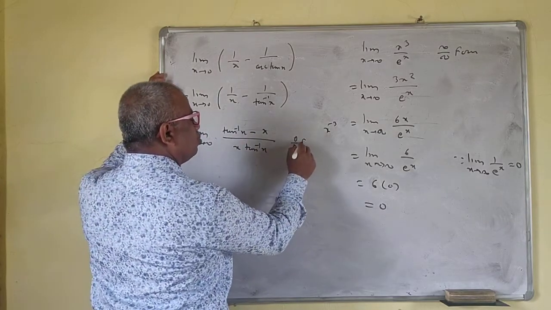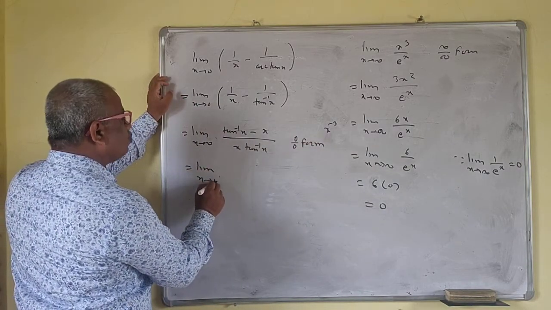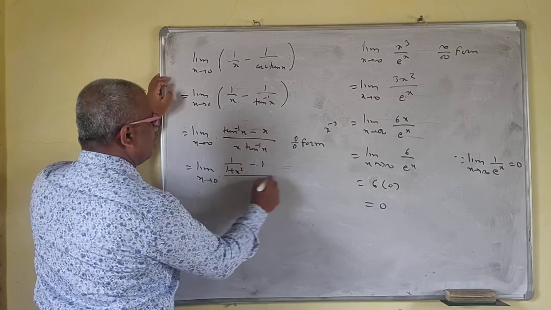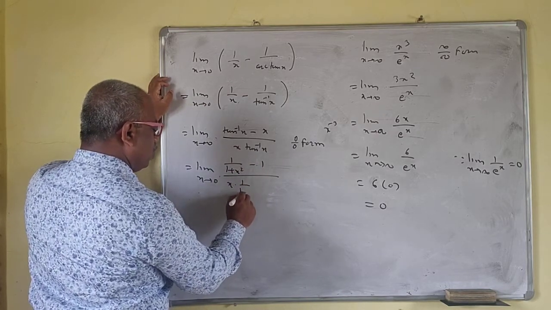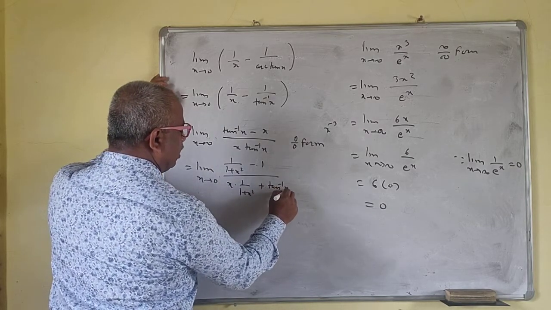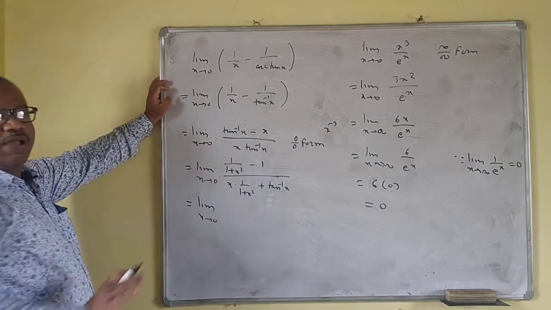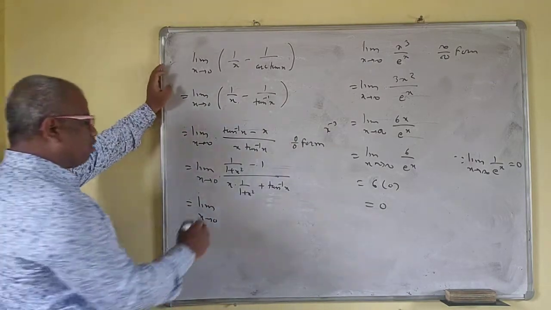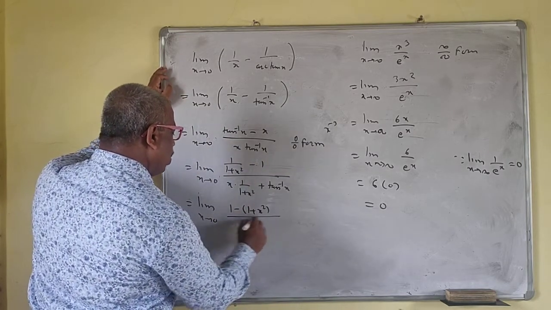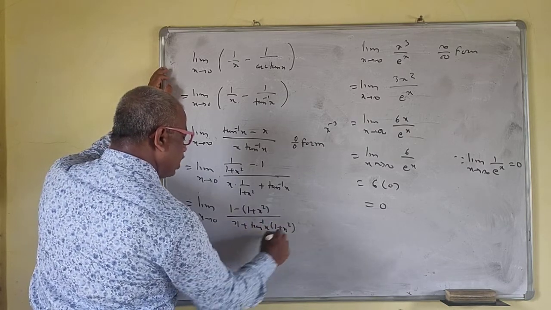Now we'll differentiate: limit x tends to 0, 1 upon 1 plus x square minus 1, upon 1 upon 1 plus x square times x plus tan inverse x. We'll simplify this by multiplying numerator and denominator by 1 plus x square. So we get 1 minus 1 plus x square upon x plus tan inverse x into 1 plus x square.